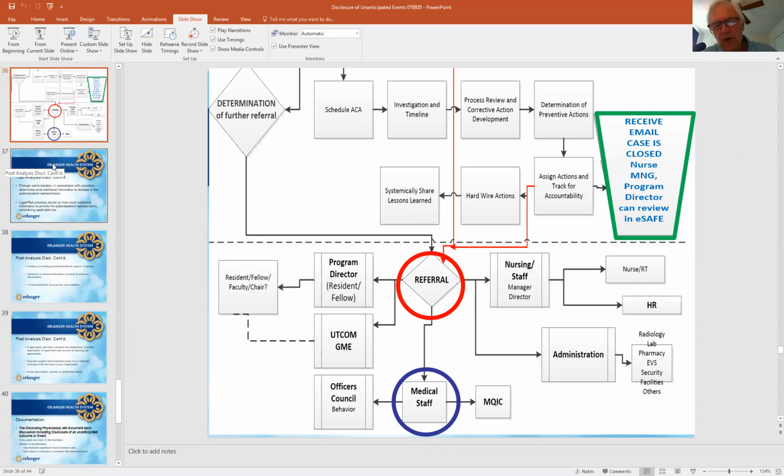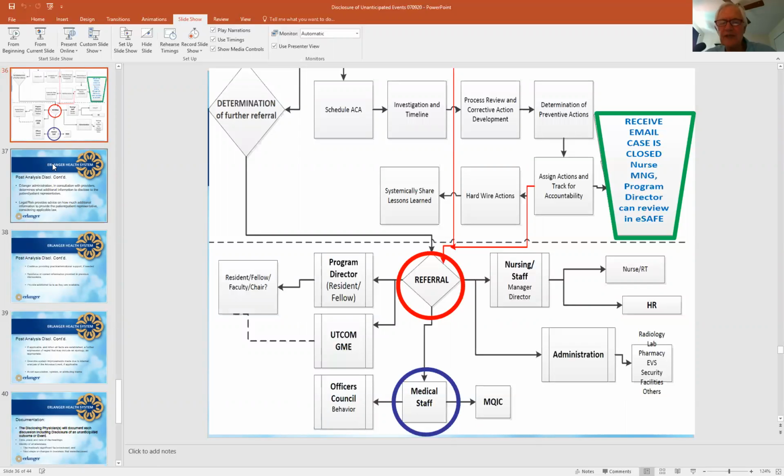And if it's involved with behavior of a physician, it will go to the officers' council. Hopefully it never happens to you, but if it would, know that your program director will always go with you if you are ever called to the officers' council.